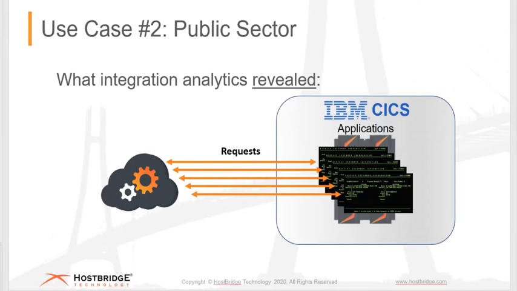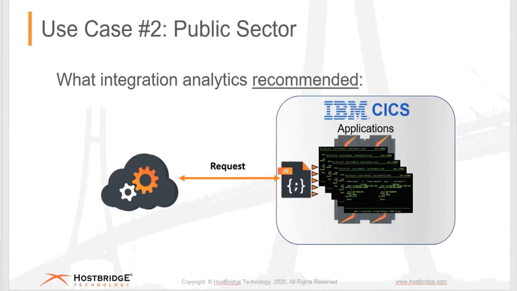It was sending requests, high volumes of requests into the mainframe, each one running a single CICS transaction. And the integration analytics both reveals and outlines the cost of that, and then clearly a more effective design pattern is using a one-to-many approach where one request goes in.